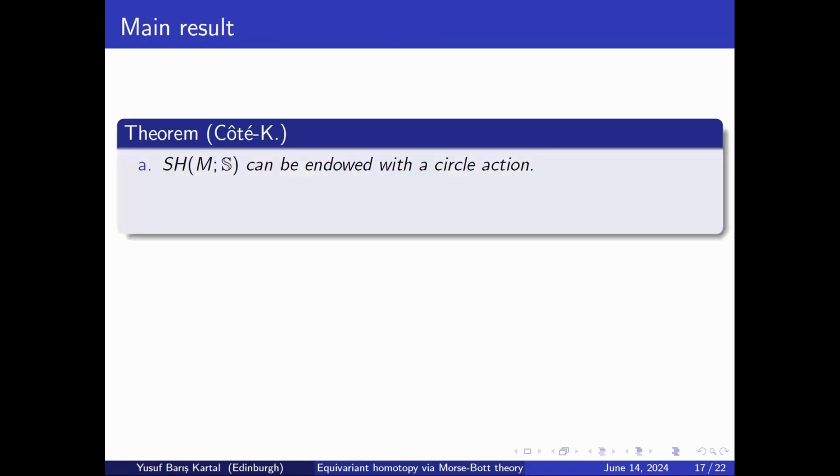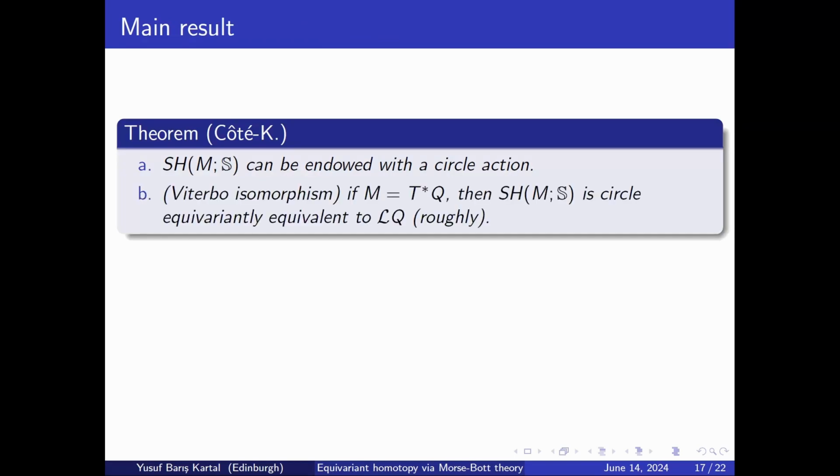So let me just state this formula as a theorem at least. This thing can be endowed with a circle action, and the second one is a spectral equivariant version of the Viterbo isomorphism, which Dahi mentioned. If you take the potential bundle, then this is circle equivariantly equivalent to the free loop space.